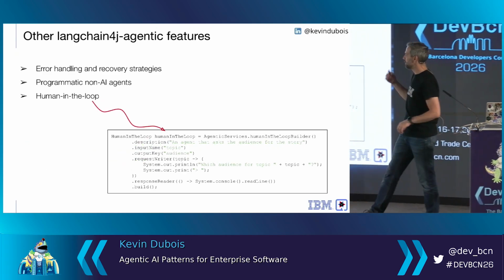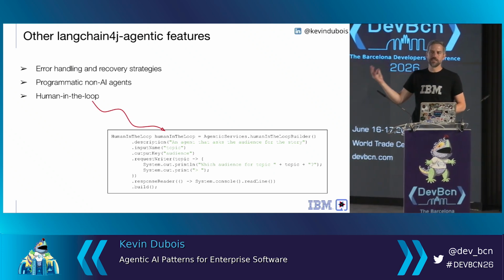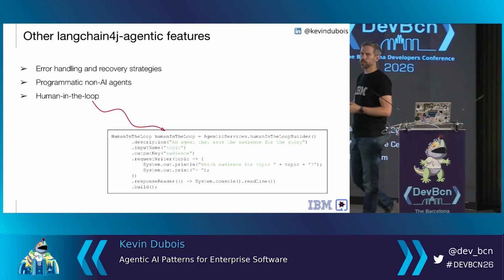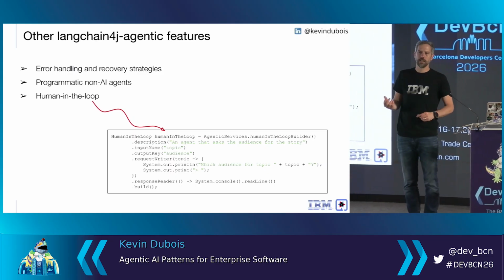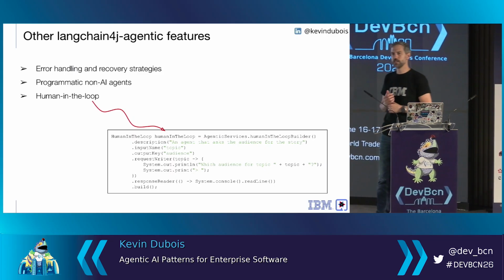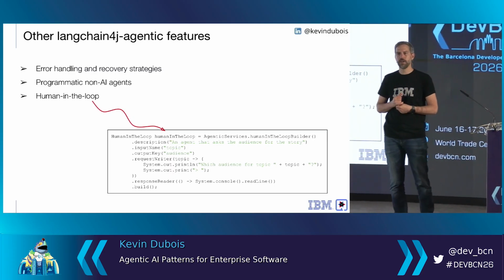The human in the loop, we saw that in the demo, and this is where humans can take control over the flow at some point, because at the end of the day, LLMs are non-deterministic, and if they're going to make really important decisions, sometimes it makes sense that a human makes the final call.